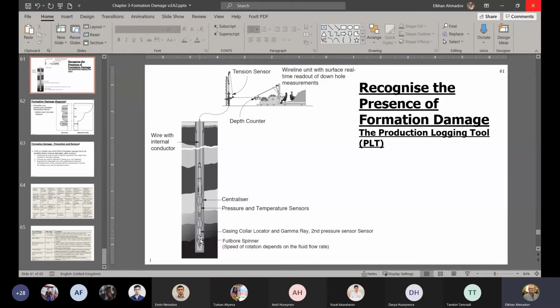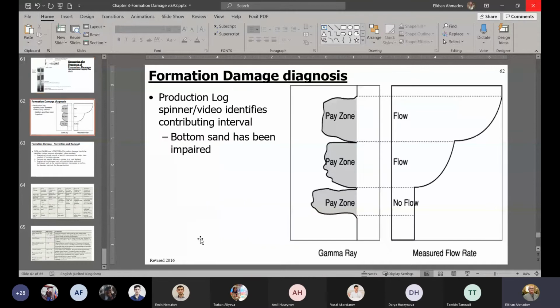So if this spinner goes through the non-producing zone, like these shales or damaged zone, it will show some speed of the spinner.